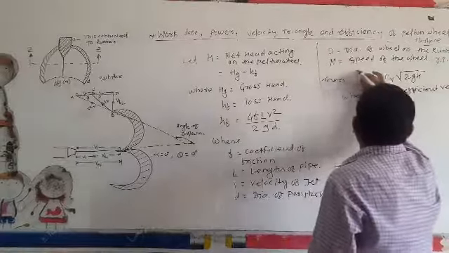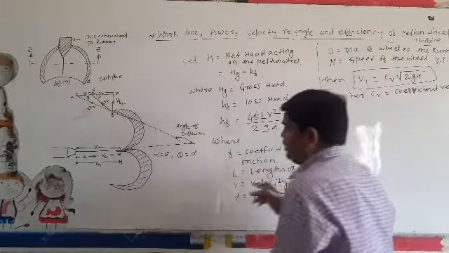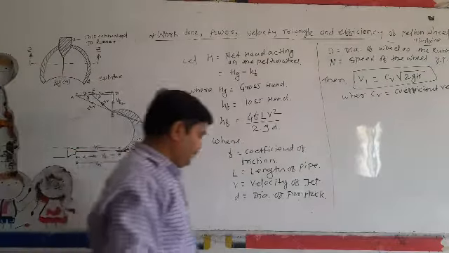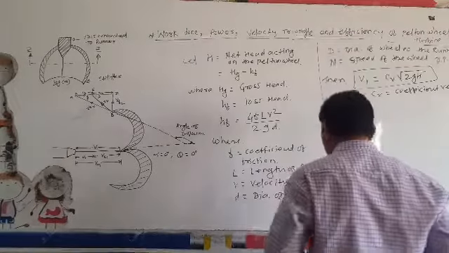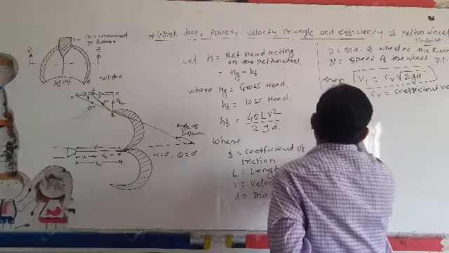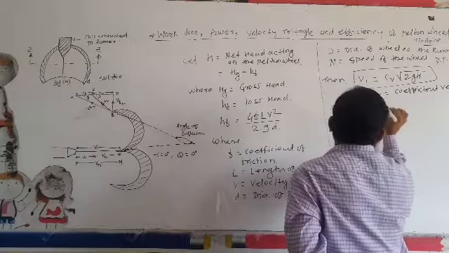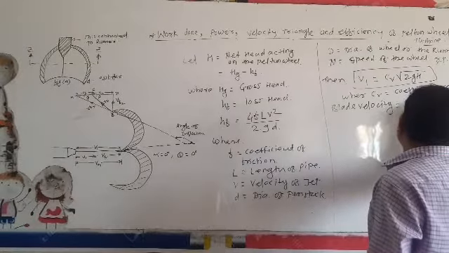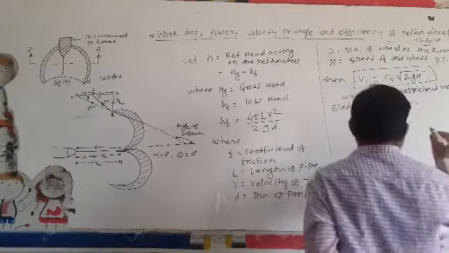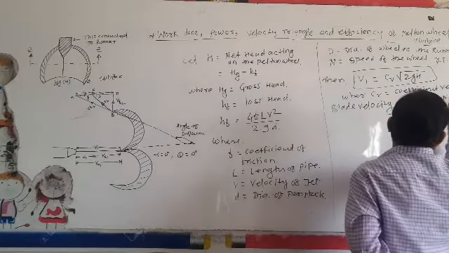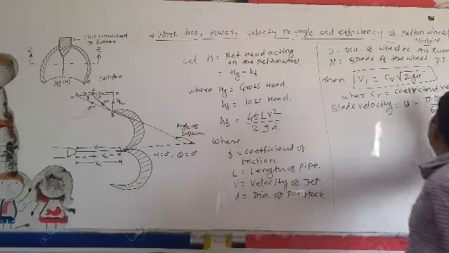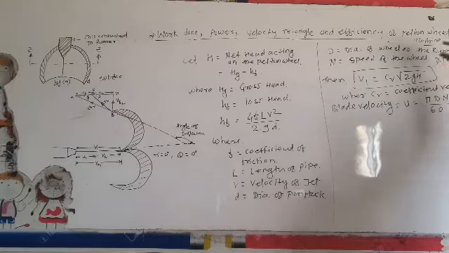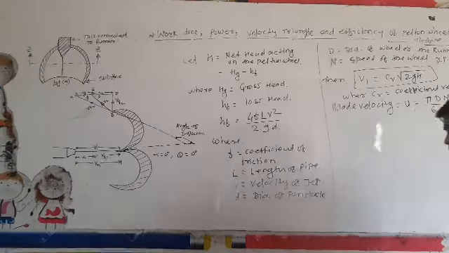From this formula we can calculate the initial velocity V1, that is the velocity of the jet from the nozzle. Now then, blade velocity, which is denoted by letter U, is equal to pi D N upon 60, where D is the diameter of the wheel or the runner, and N is the speed of the wheel or the runner in RPM.